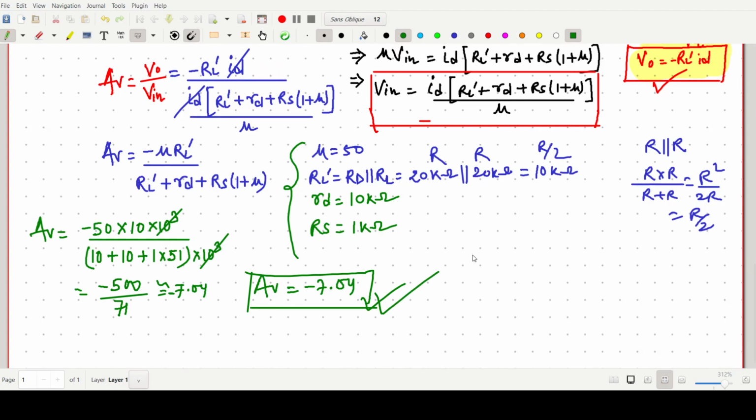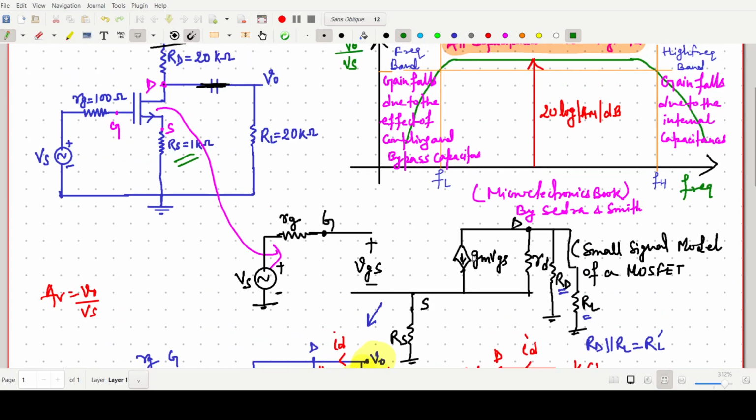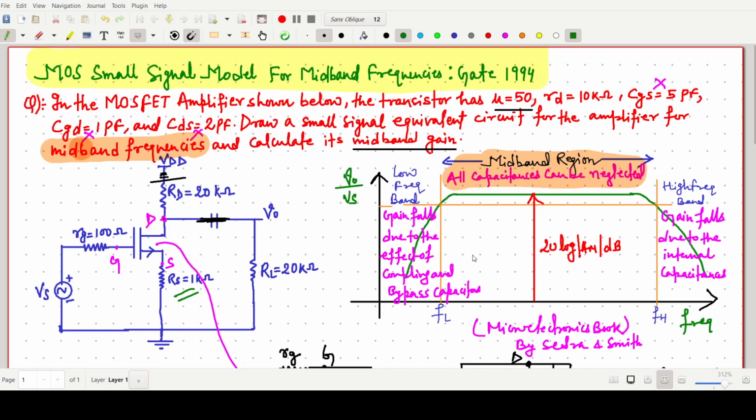So once again, I want to repeat the concept. In our question, they are asking to draw a small signal equivalent circuit for the amplifier which is operating in the midband region. For this we have to know this concept: frequency response of a MOSFET or BJT is almost the same. In the midband region, there is no role of capacitances.